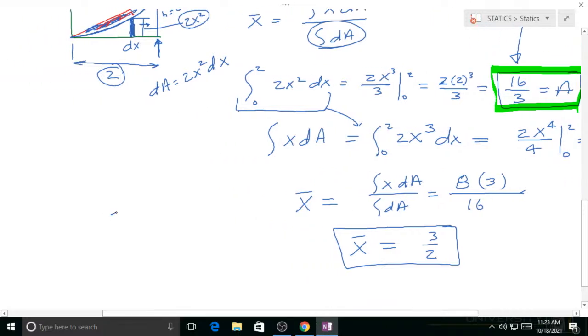So now let's compare if I had a triangle that were 2 wide, 8 tall. Believe it or not, it doesn't matter how tall it is. If it were a triangle, this one would be 2 times 2 over 3, or 4/3. Okay, what is 4/3? That's 1 1/3, right?